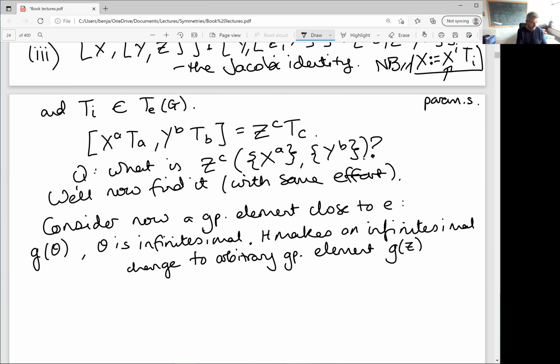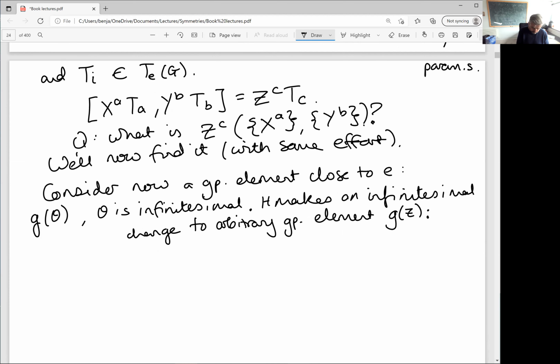Z is not necessarily infinitesimal. In fact, it's not in general. And what we want to know is how z changes when we apply on the right this g of theta.